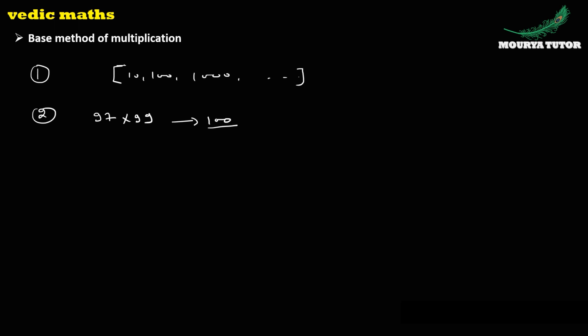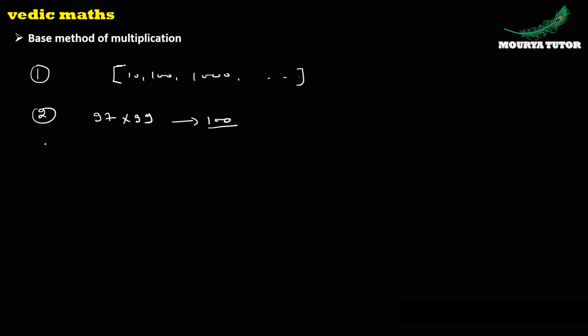What we need to think in order to choose the base is which is the nearest to both the numbers. See, 10 is not the nearest to 97 and 99. 100 is the nearest to 97 and 99 also. So like that we will find out the base.